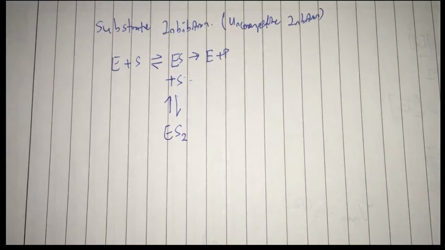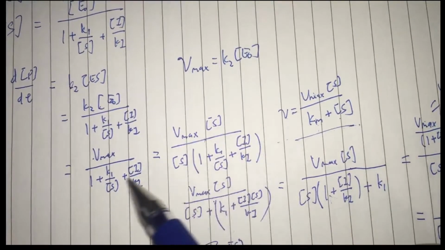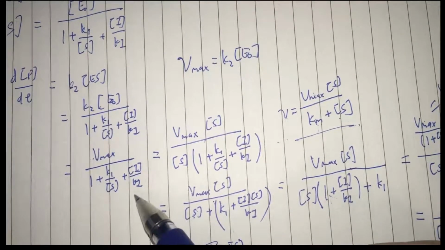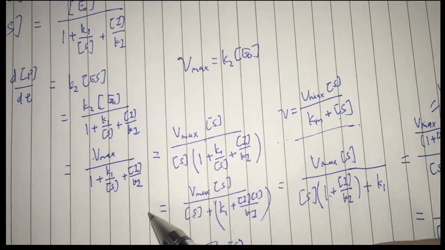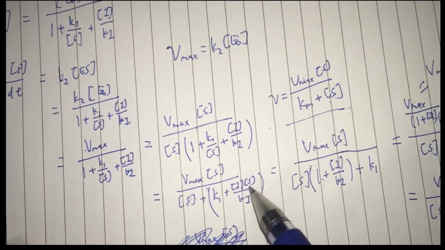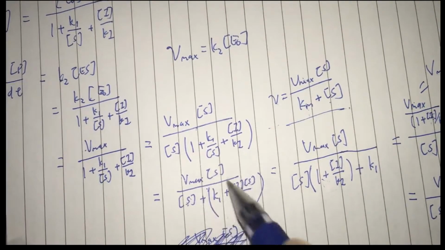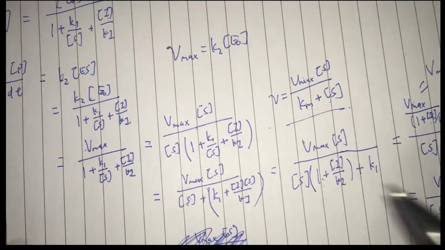Okay, so what would the equation look like? Now, since we've already derived our equation here, we'll just substitute S wherever you find this Ki in there. Okay, so let's take this one, which is rather convenient. We'll just substitute S here. So we'll have Vmax and S on top.